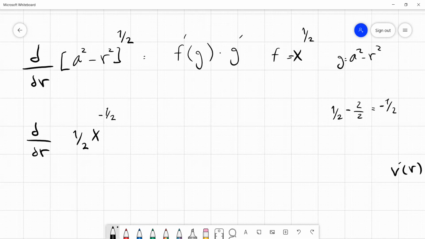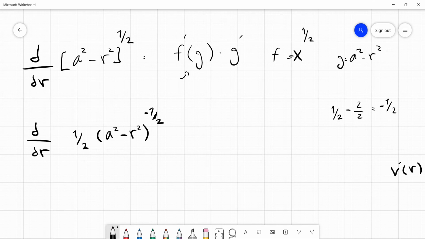But then the rule is telling us, after you take the derivative of f, which we just did, you need to put the g function inside it. So instead of x over here, when I remove the x, we should write the original g function. So I'm going to put a parenthesis next to it and put a squared minus r squared. And I'm also going to move this power up here so that it's more clear.